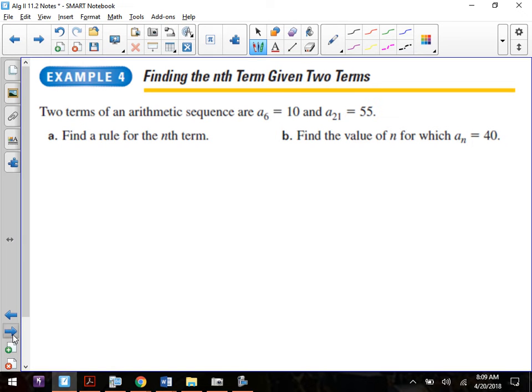When we're using the rule, the nth term is your first term plus n minus 1 times the common difference. As we go through this, we know that the 6th term is 10, so that has to equal the first term plus 6 minus 1 times some common difference.